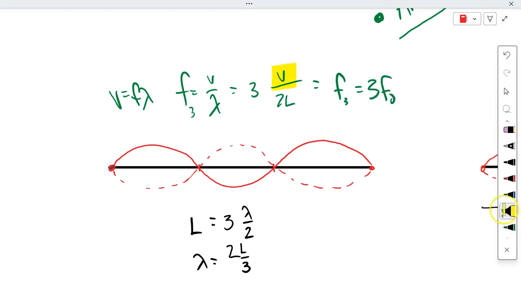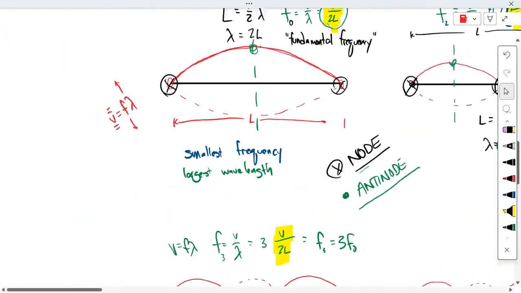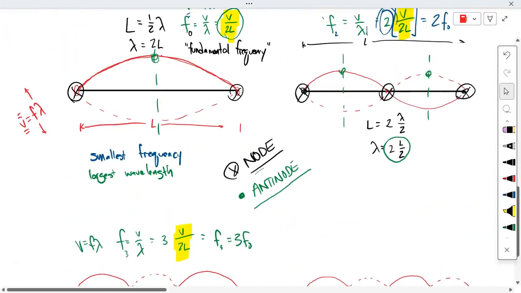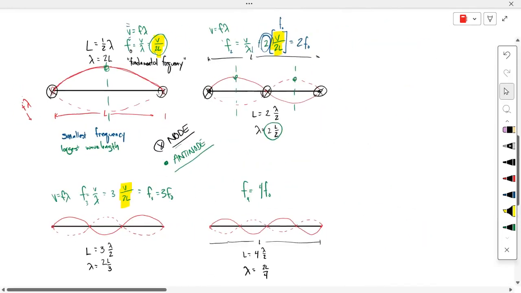Because again, this is our same F0, our same fundamental frequency, V over 2L. And guess what this one is? This F, which I'm going to call F4, is 4 F0. And so on, and so on, and so on. Yes, fair?